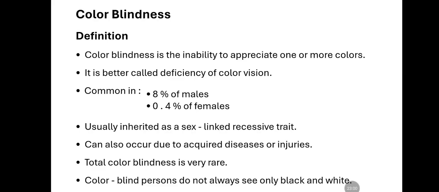Color blindness. Definition: color blindness is the inability to appreciate one or more colors. It is better called deficiency of color vision. Common in 8% of males, 0.4% of females.